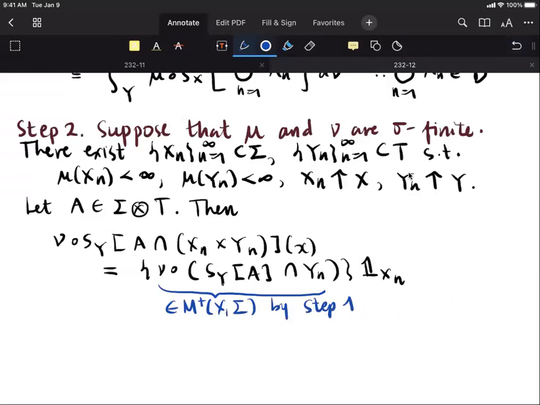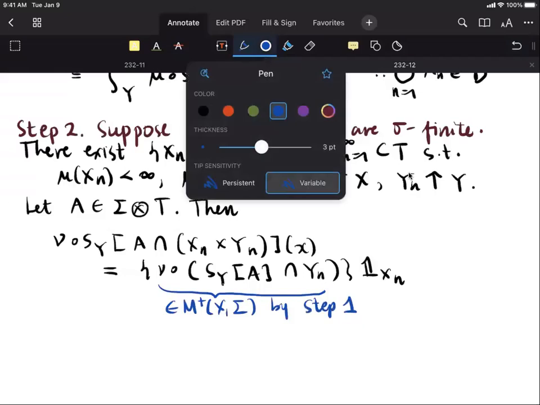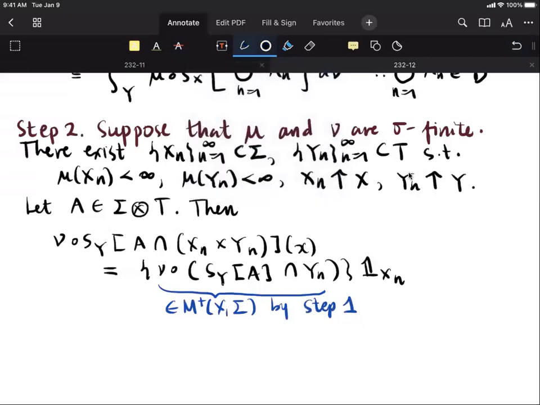Hence, since xn is also measurable, this is in M plus X.